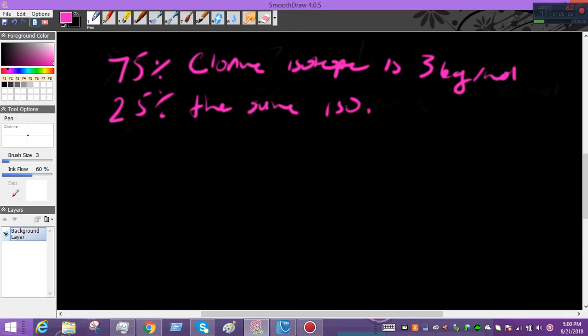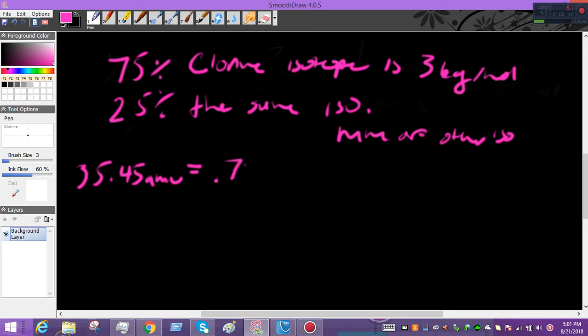Then it'll ask something like, what's the molar mass of the other isotope? My periodic table is kind of far away, and the numbers are kind of small. Okay, so chlorine has an average of 35.45 AMU. Essentially what you do is work backwards. You set that equal: 0.75 times 36 plus 0.25x, and then you solve for x.